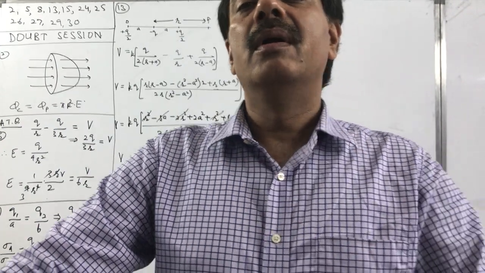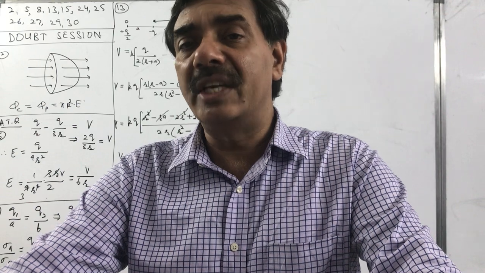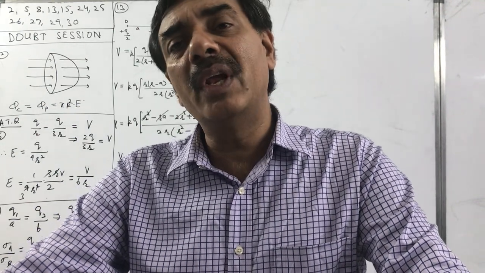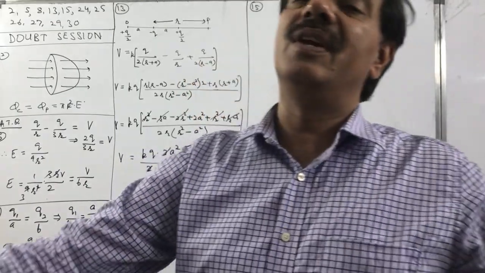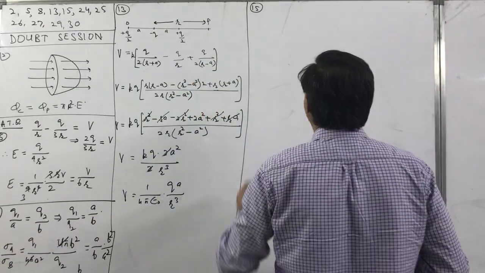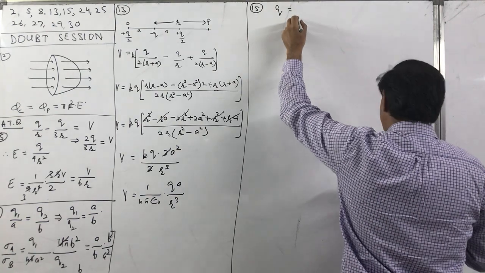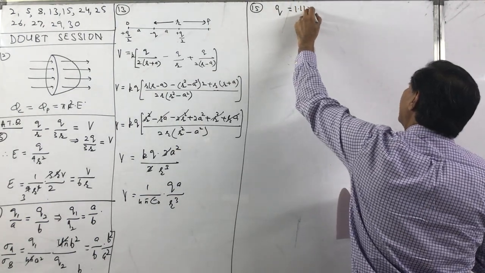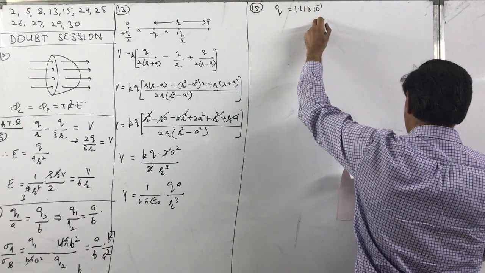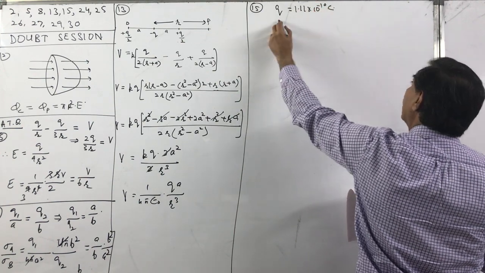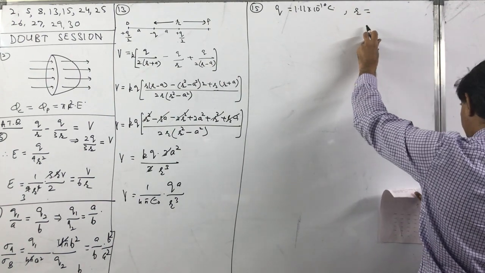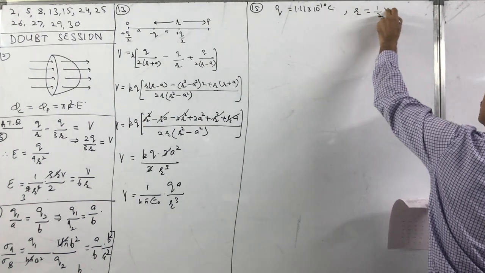Remember, the electric potential at any point is the negative of the line integral of the electric field between infinity and that point. It is a simple one. Simply by definition. Q is 1.11 into 10 to the power minus 10 coulomb, and the radius of the ring is half a meter.